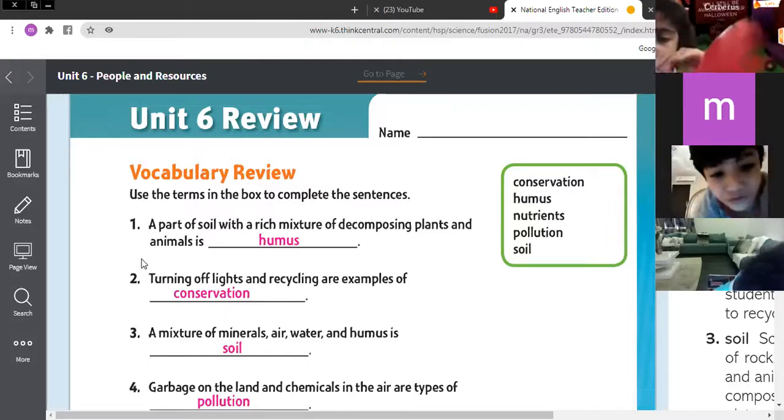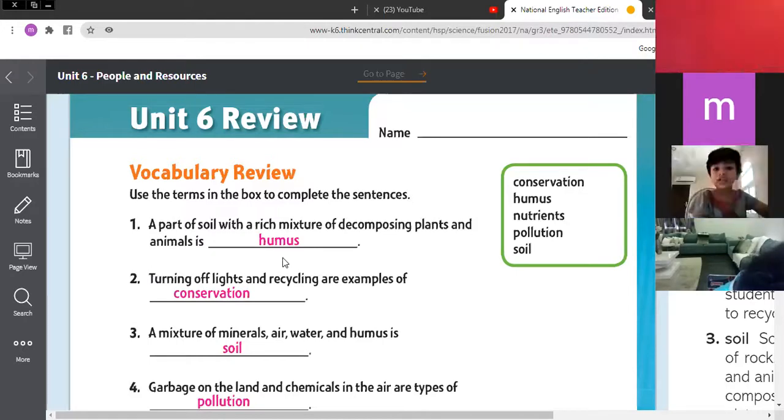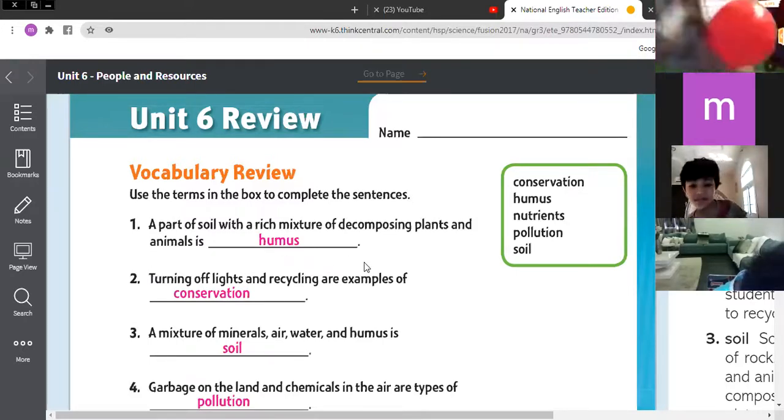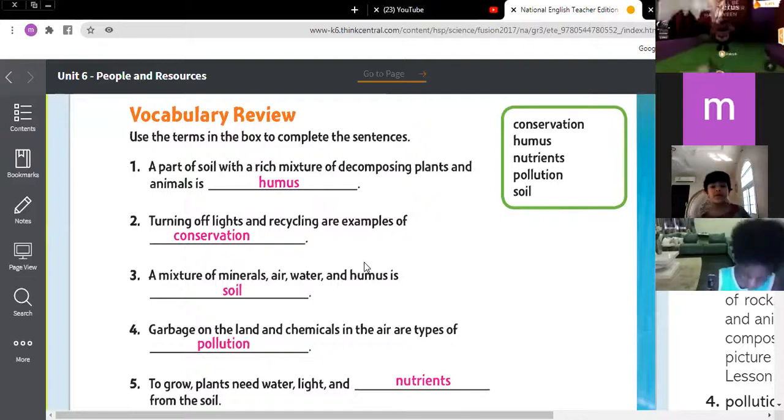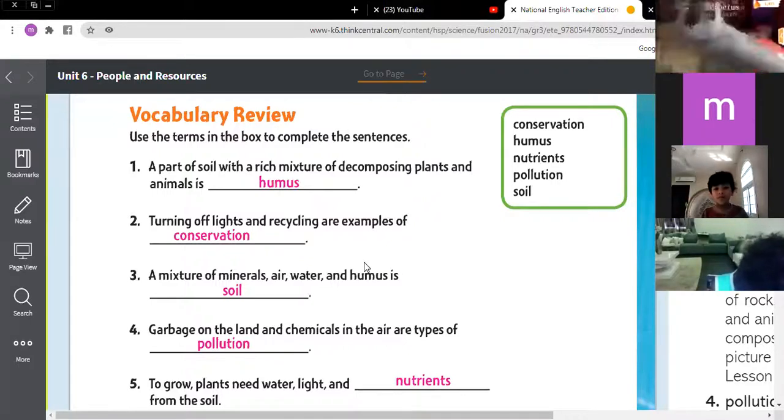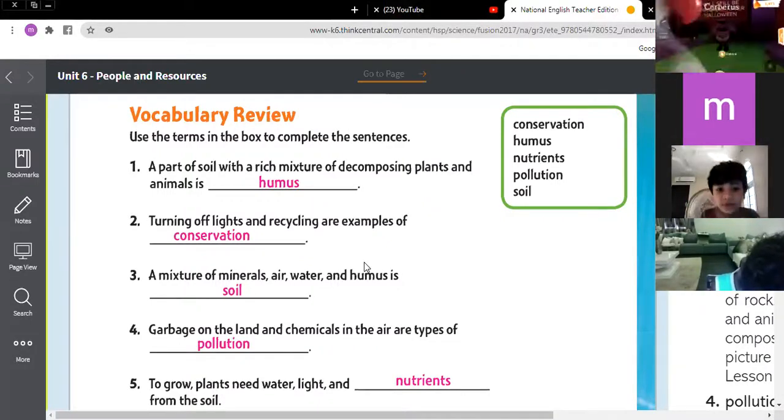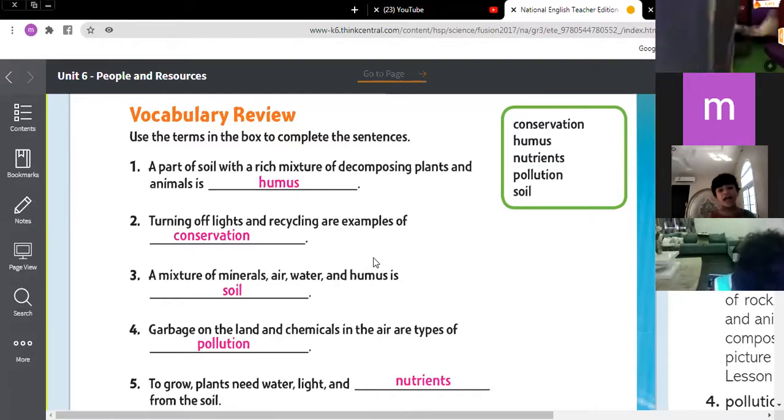A part of soil which is a rich mixture of decomposing plants and animals is humus.